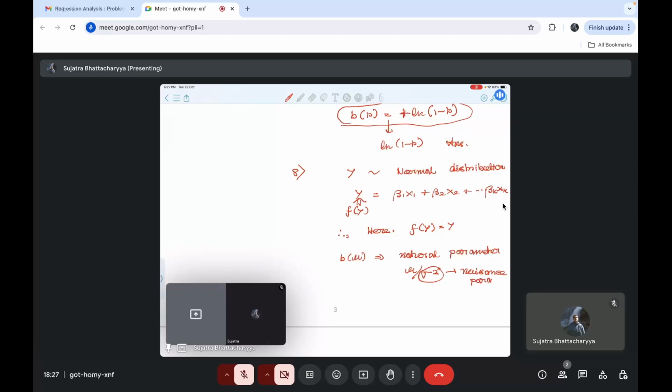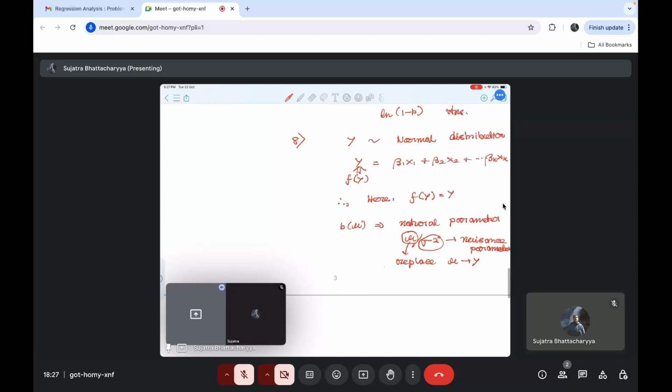So it's not of interest. It's only depending upon mu. Therefore, you replace mu with y, and you get your f of y is equal to y. So in both ways, you are right.